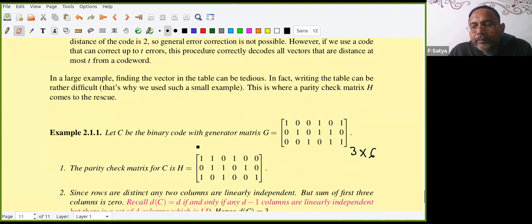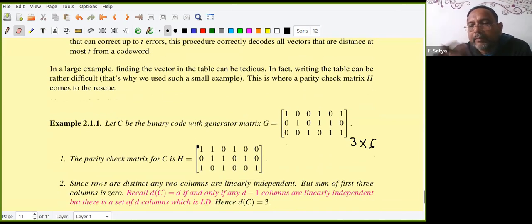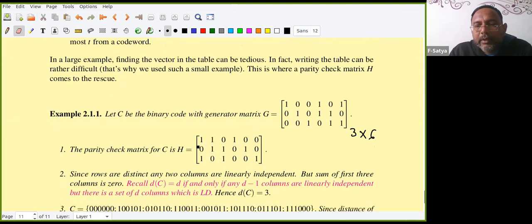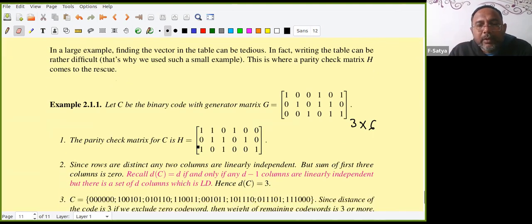See, there will be 2 power 3 code words, and these 3 and any sums of them, right? So what is the distance of the code? Here I'm explaining one more time. You can easily check that these are all non-zero, so the distance is greater than 1, and any 2 are not the same, so the distance is greater than 2.